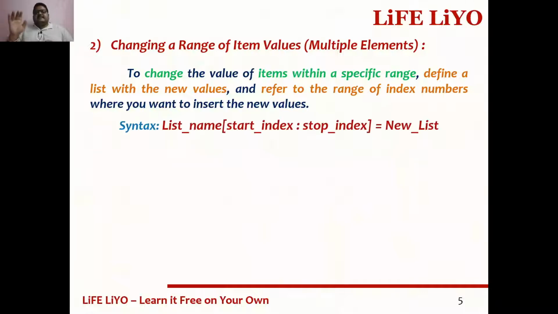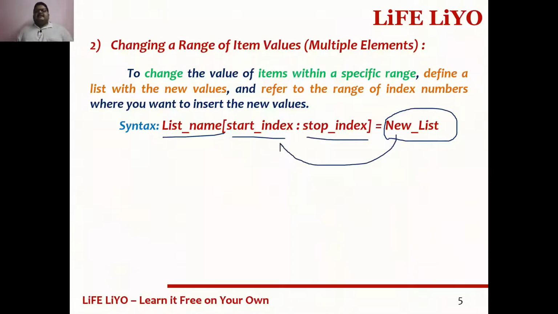The syntax is the list name followed by the start index and stop index, and then the new list values. These values are going to be assigned starting from the start index and ending at the stop index minus 1. You know that when we define the stop index, it calculates up to stop minus 1.